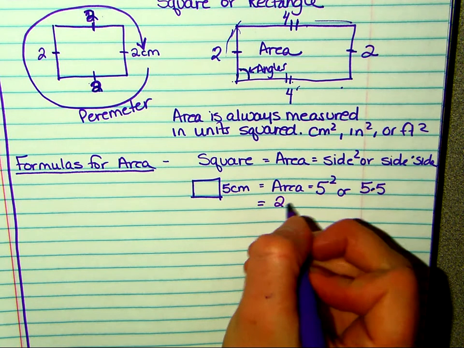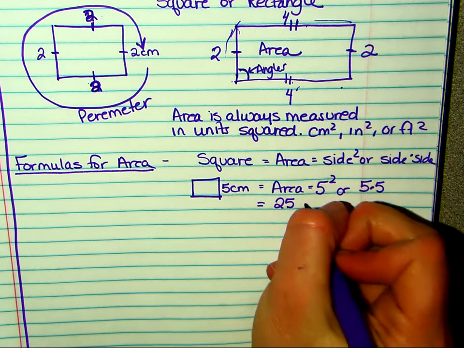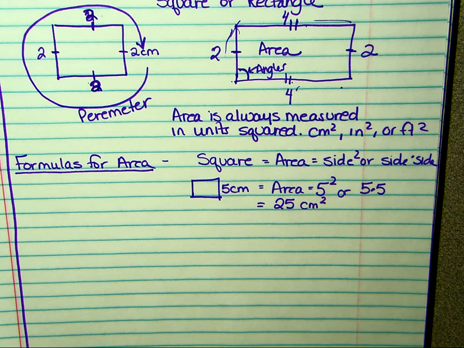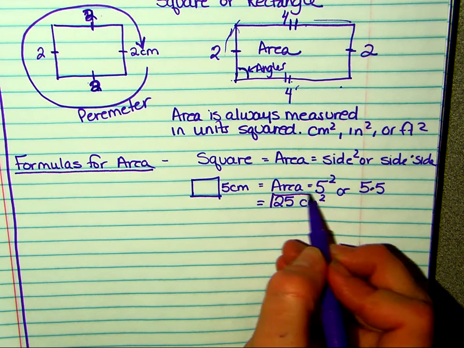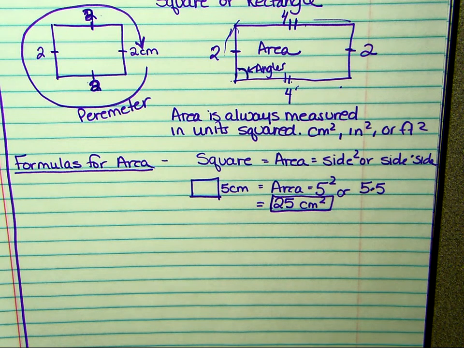And what is our unit that we're measuring here? Centimeters. So it would be centimeters, and we would put that little 2 to say it was squared. That would be your answer. So you just multiply the side by itself, and that's the formula for the area of a square.